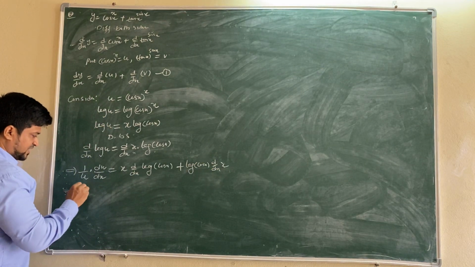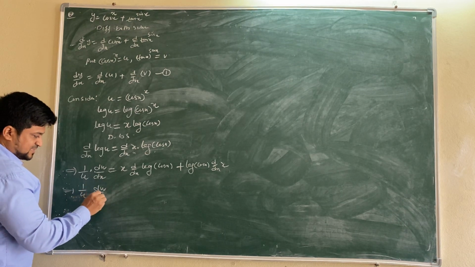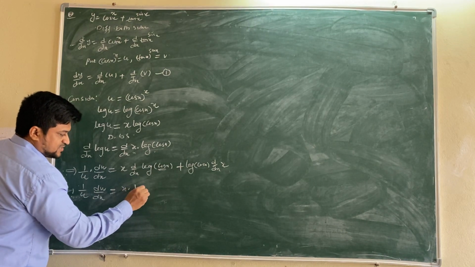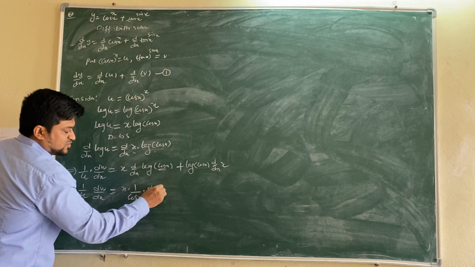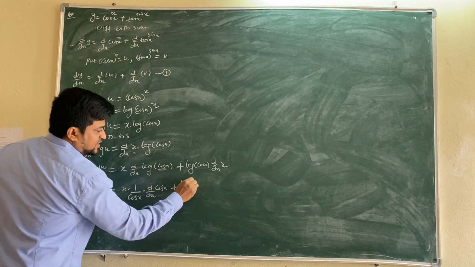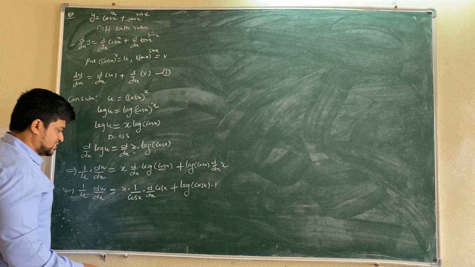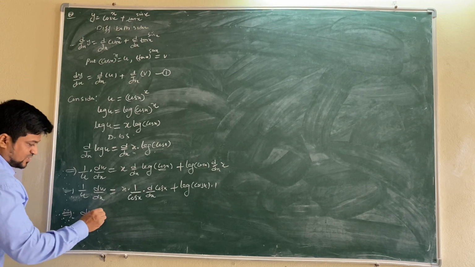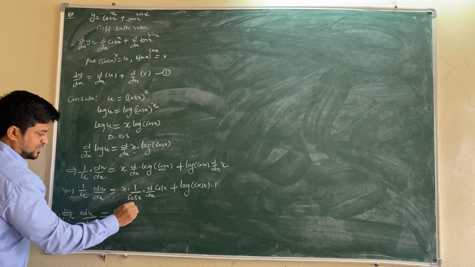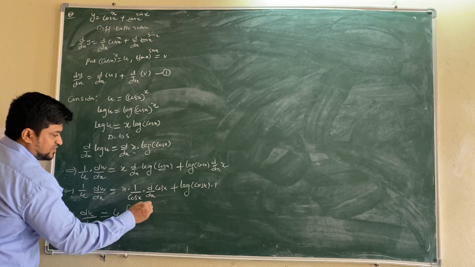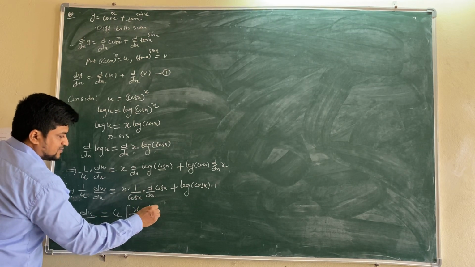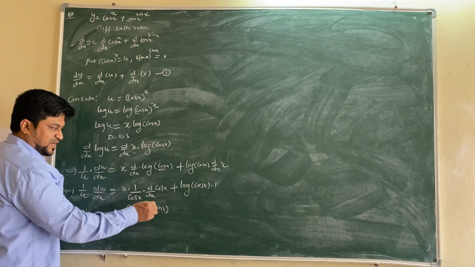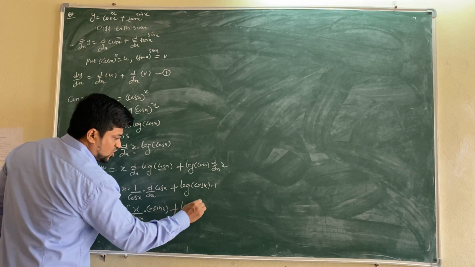Then 1 by u du by dx equals x into 1 by cos x into d by dx of cos x, plus log of cos x into 1. Now we cross multiply this u to the right side. We need du by dx equal to u into x by cos x, and the derivative of cos x is minus sin x in bracket. Many of them are not using brackets. Now this sign comes here, that's why bracket plus log of cos x.